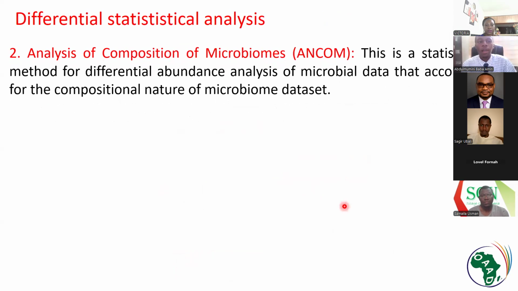So we have another differential statistical analysis called the analysis of composition of microbiomes, ANCOM. This is a statistical method for differential abundance analysis of microbial data that accounts for the compositional nature of the microbiome dataset.